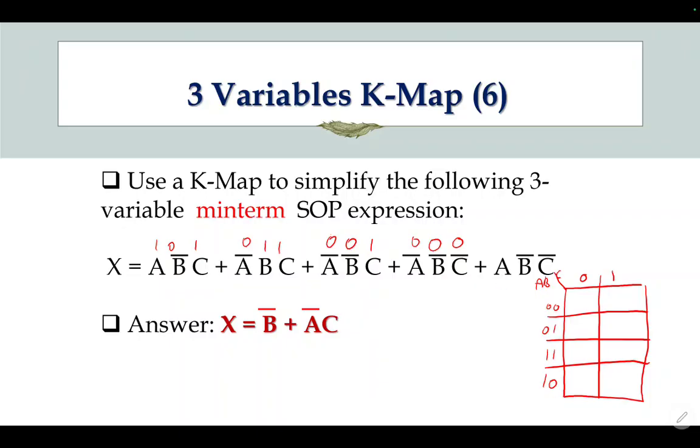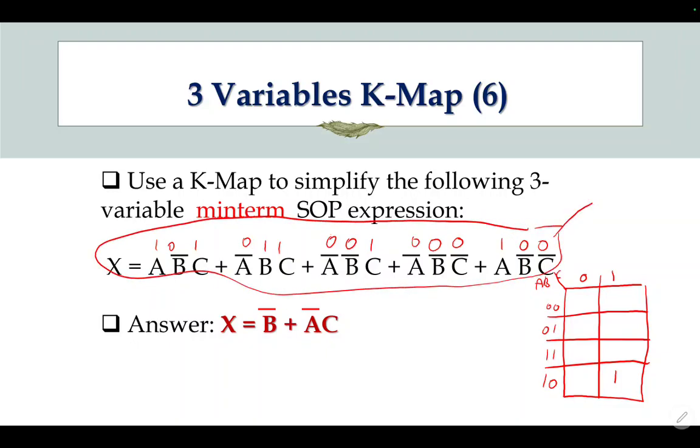This one is 1, 0, 0. Okay, 1, 0, 1, 1, 0, 1. You place number 1. So all of this equation, you have to place number 1 in KMAP. Okay, 0, 1, 1, 0, 1, 1, place number 1. 0, 0, 1, 0, 0, 1, 0, 0, 0, 1, 0, 0, 1, 0, 0 here.